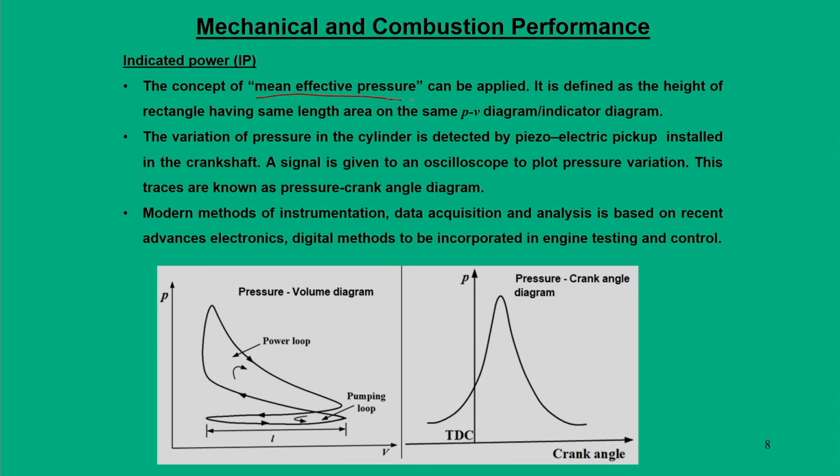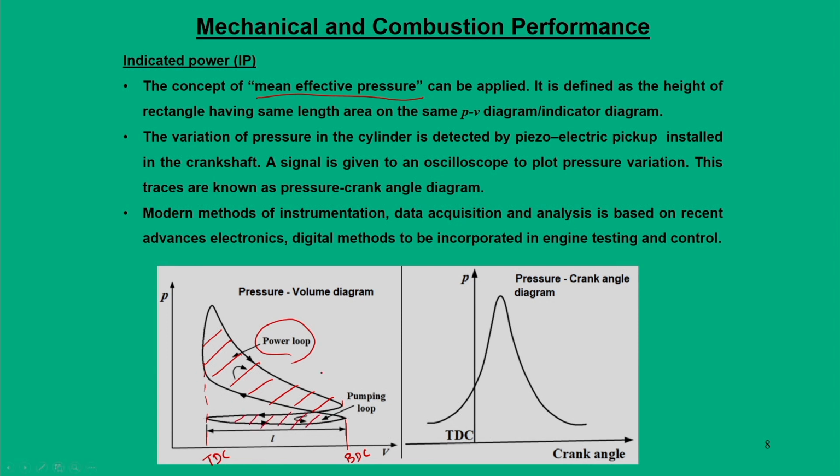Typically we have a concept of mean effective pressure. This mean effective pressure is nothing but a constant pressure line which can be represented in this PV diagram. Over a set of engine displacement or piston movement from TDC to BDC, this is the area under the curve, which we call the gross indicated work, that is the power loop, and the other side is negative work, in the pumping loop.